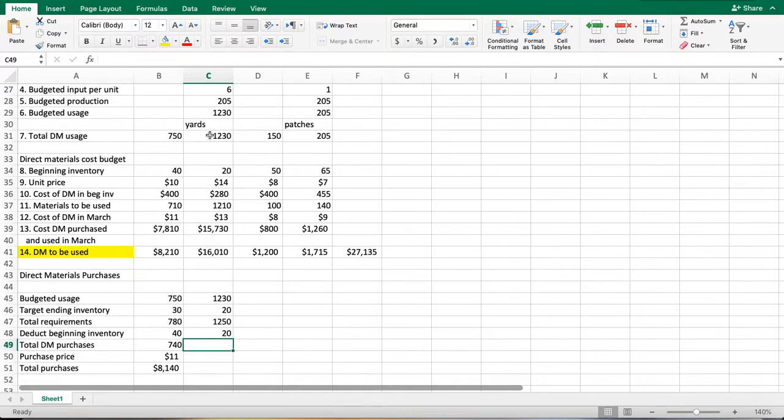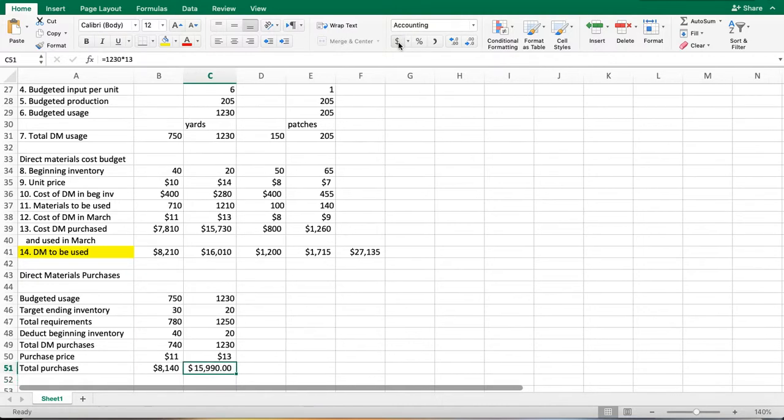And so our total purchases would be 1230. It is $13 a yard, so 1230 times 13, 15,990. If you are following along on the answer key that I posted, there's an error. I just found it on the answer key. It's got 1230 plus 20 is 1260, and that's not right. So we've got the right number here.